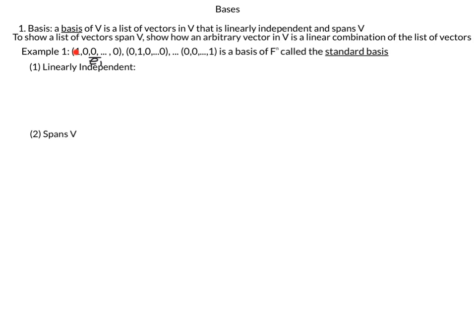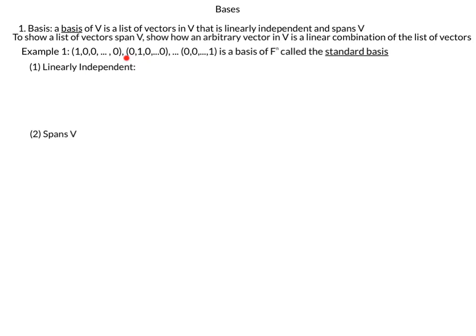So here's 1 in the first position, everything else is 0. e2, our second standard basis vector, has zeros everywhere except in the second position. e3, which we don't show here, is going to have zeros in all positions except the third position, e4, etc., until you get up to en, which has zeros in all positions except the nth position. And this is called the standard basis of Fn.